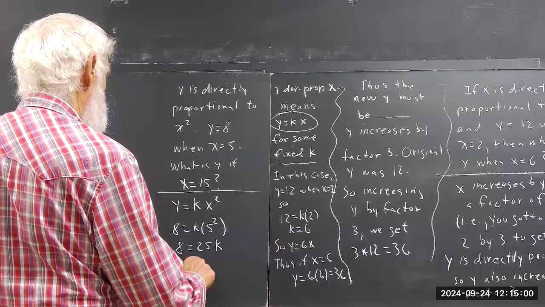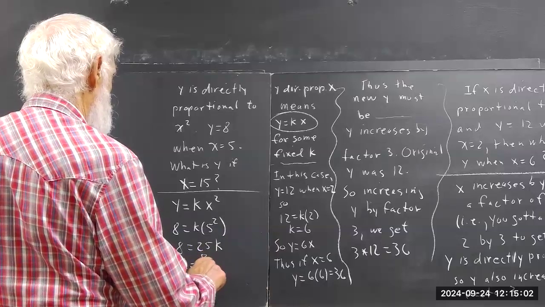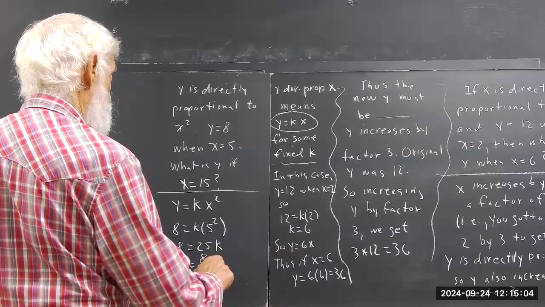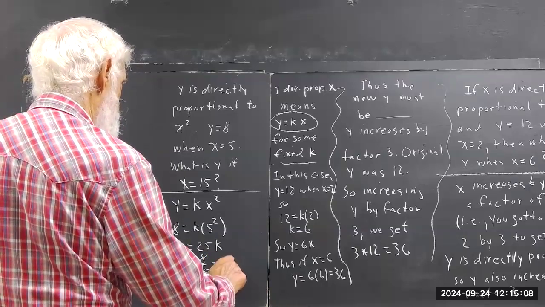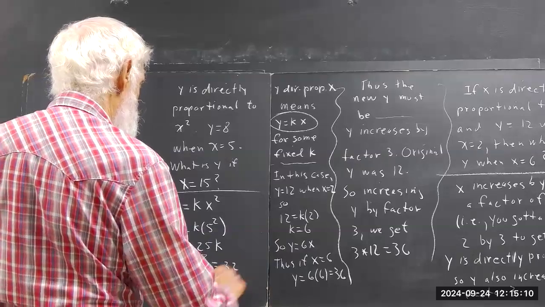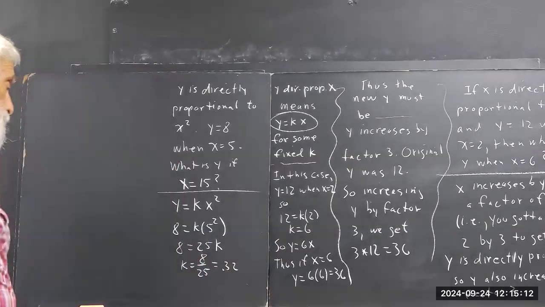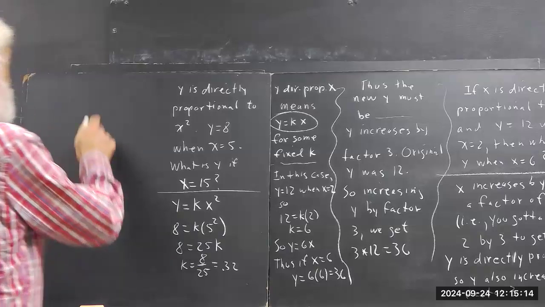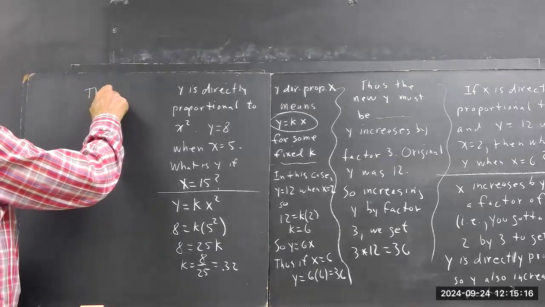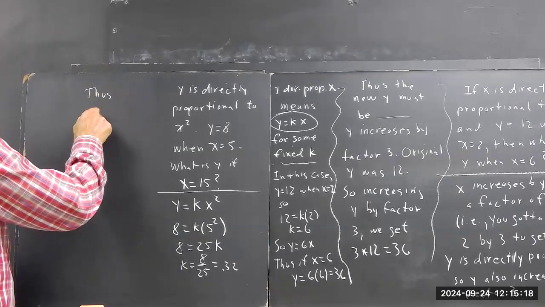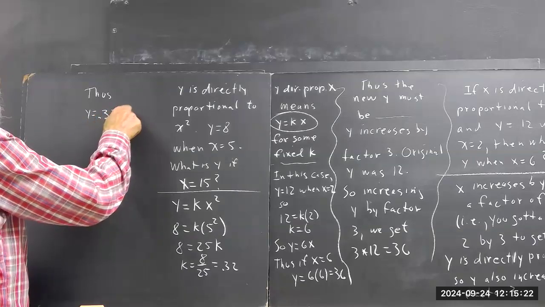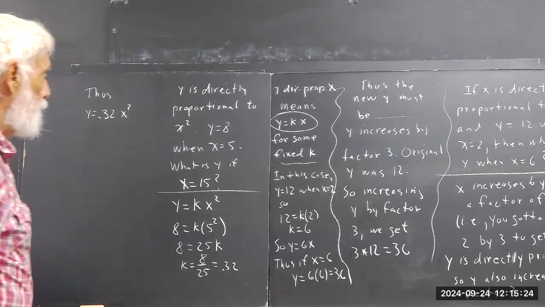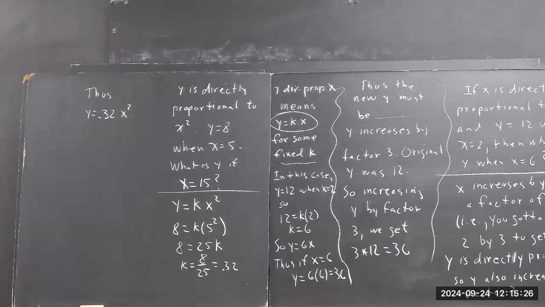So that k equals 8 over 25, which equals 0.32. So now y equals 0.32 times x squared.